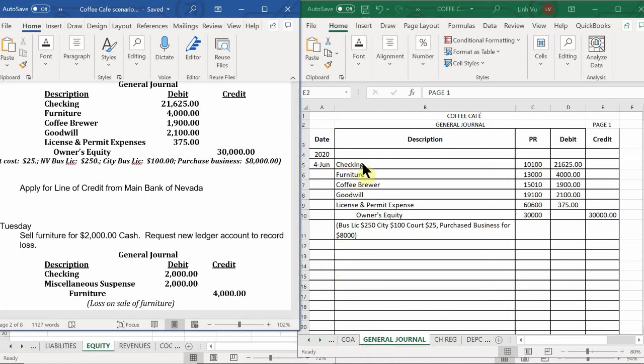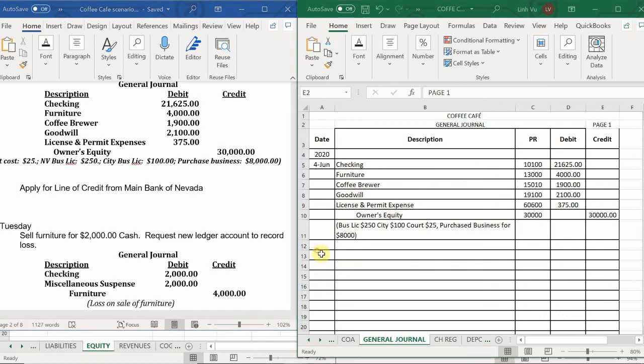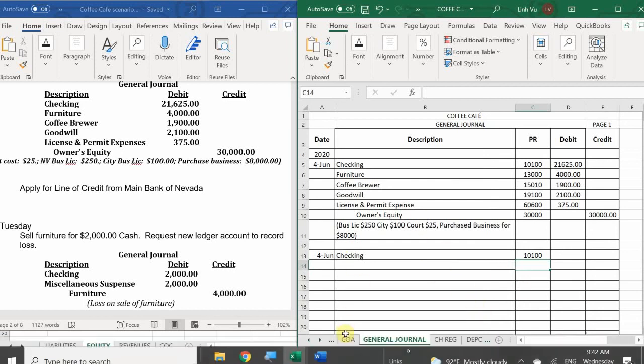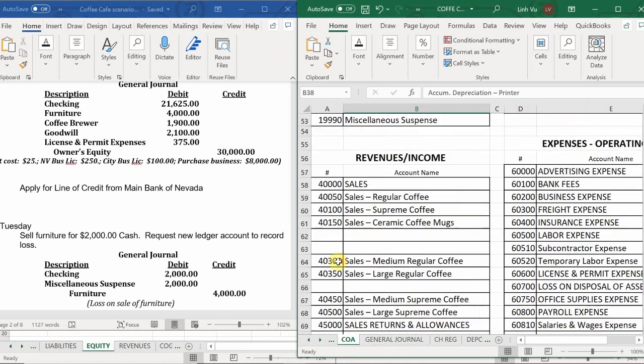If you just look right above, checking is account number 10-100. Okay? I have an unfamiliar account name called miscellaneous suspense. Let's go ahead and use my chart of accounts and find out what account number that is.